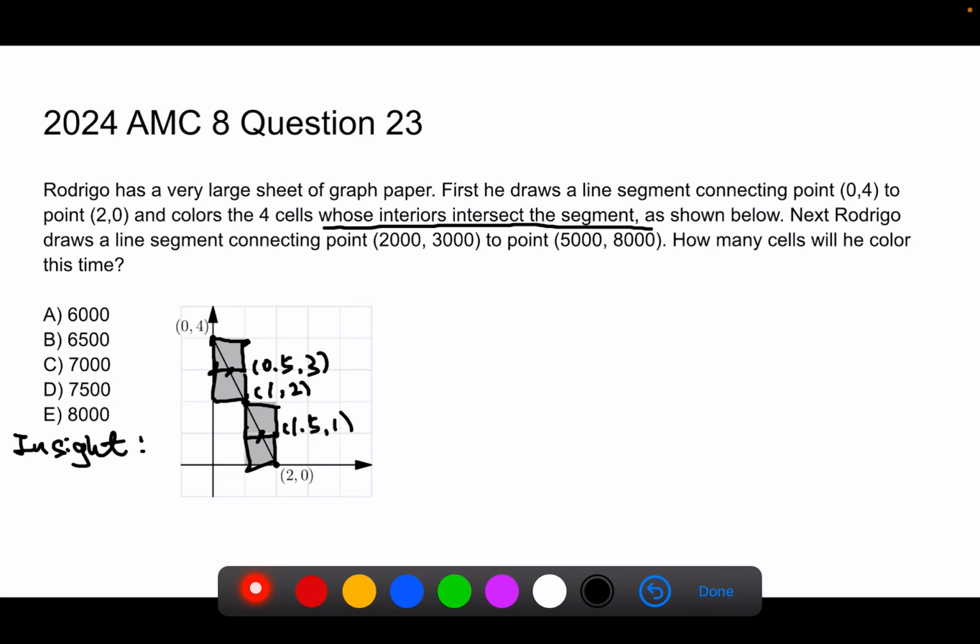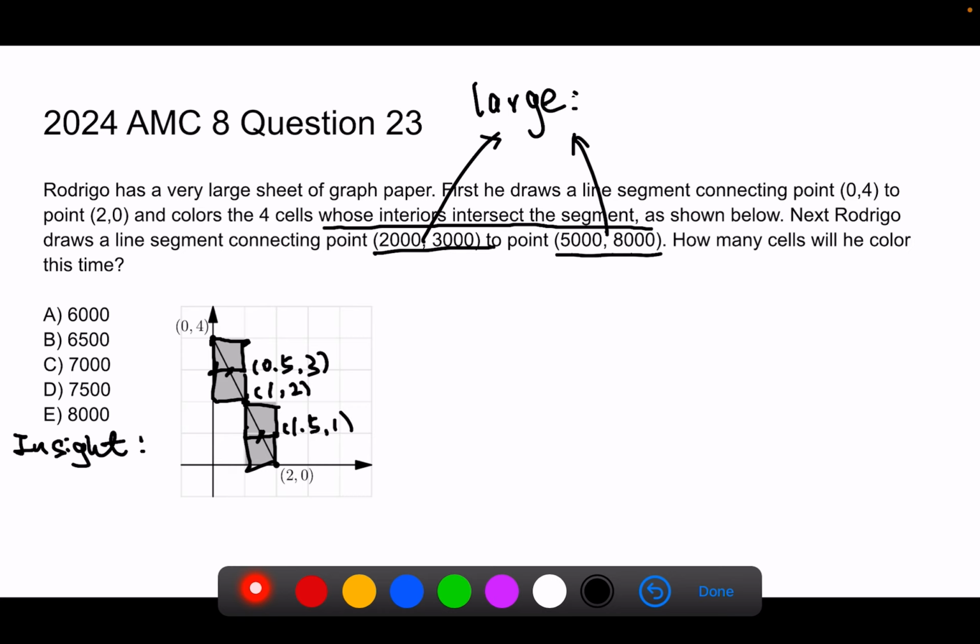So we do understand the question, but the challenge here is the four numbers are very large. We cannot really draw those 2000 data points, 5000 data points, or even visualize them. That's why it's very hard.